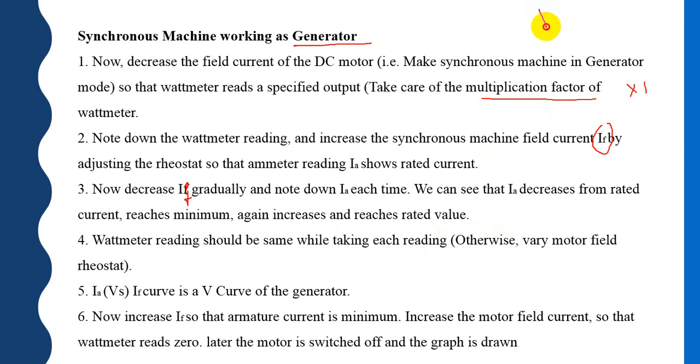So you might have heard about the concept while studying the V and inverted V curve, that is about over excitation and under excitation. Based on that concept, if we decrease IF gradually and note down IA each time, IA decreases from the rated current, reaches a minimum, and again increases to the rated value.